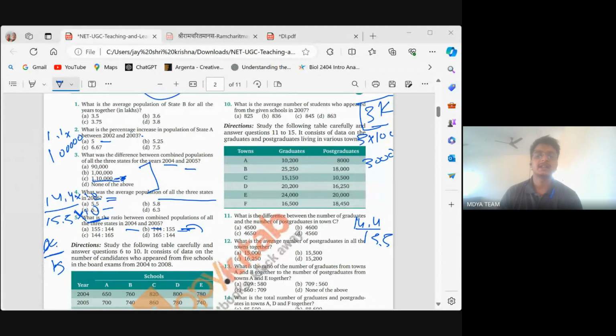If we are multiplying with any multiple of 10, it is 10, it is 100, it is 1000, however many zeros there are, the decimal will move to the right side. So it will be 11. And what if we multiply 1.1 by 100?